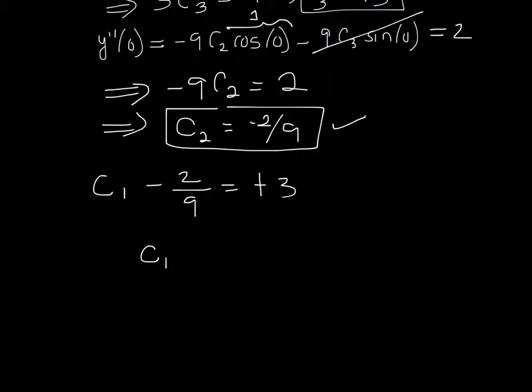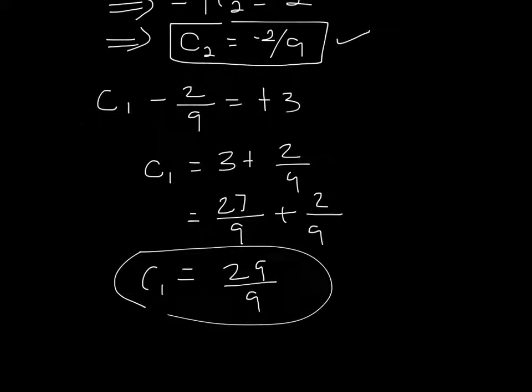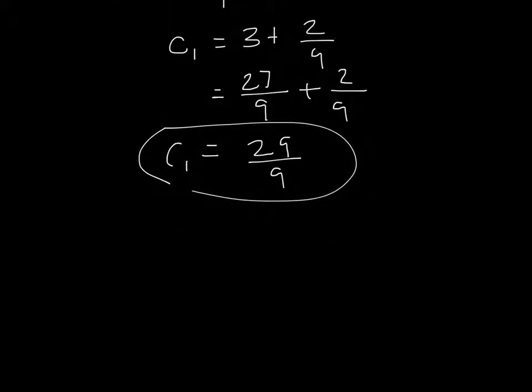So we have C1 equals 3 plus 2/9, and that's the same thing as 27/9 plus 2/9, which is 29/9. Okay, so we found our C1, C2, and C3.